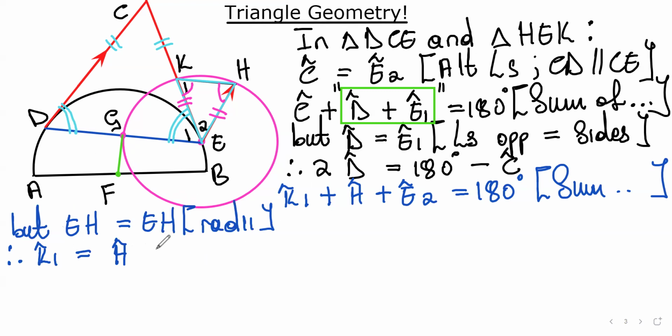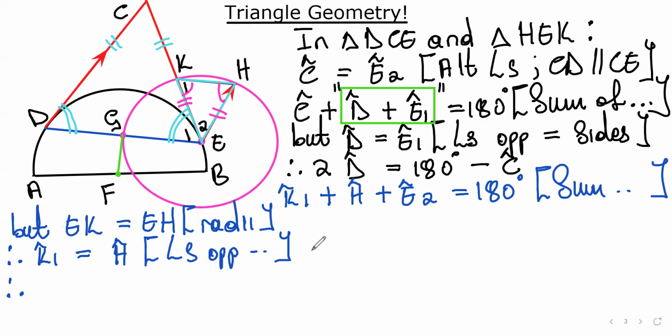And since those are equal to each other, why are they equal? Well, angles opposite equal sides. So this means I can choose to express either K1 or I can choose to express, oh, I said EH. Thank you, sir. I should have said EK. Right.